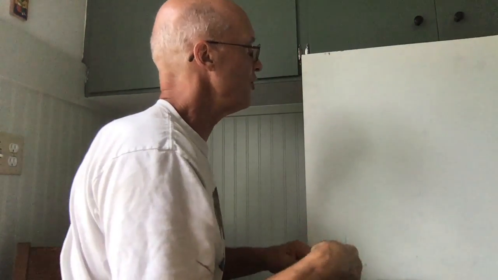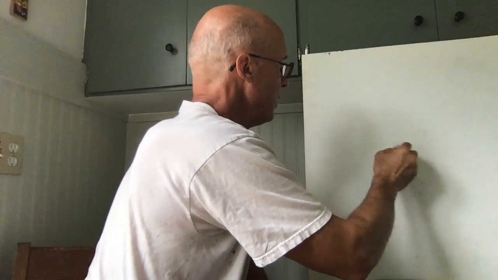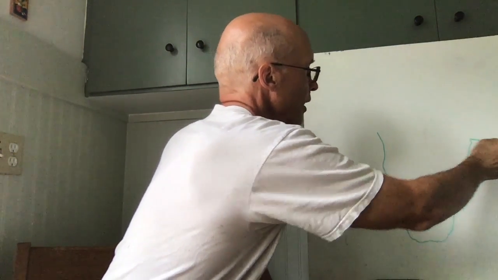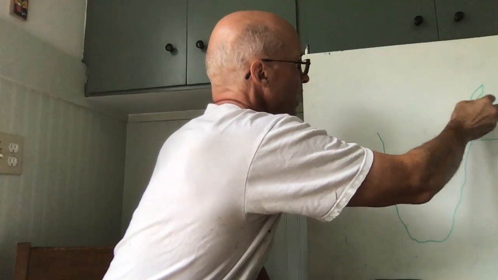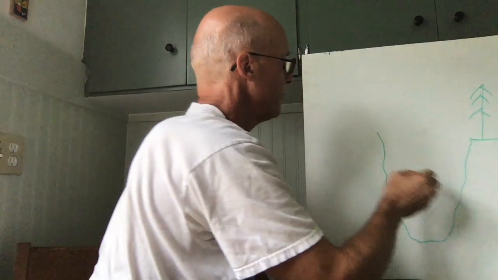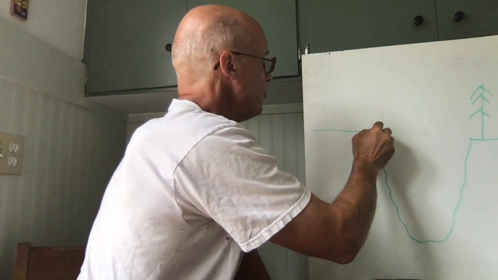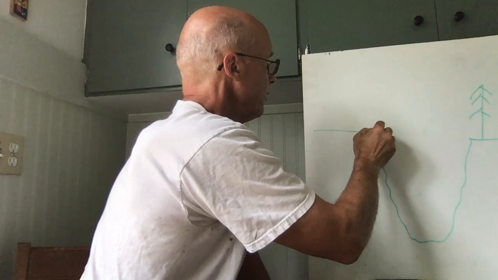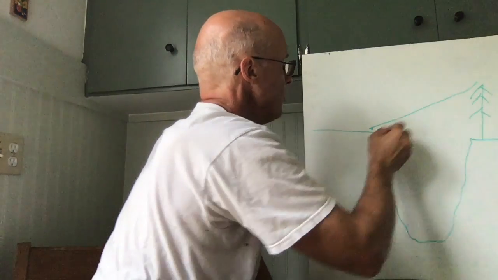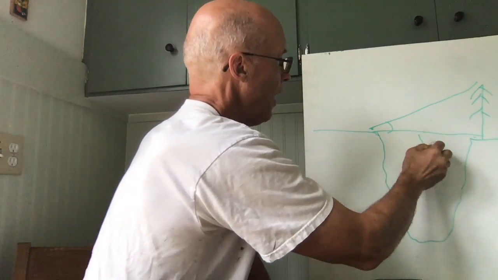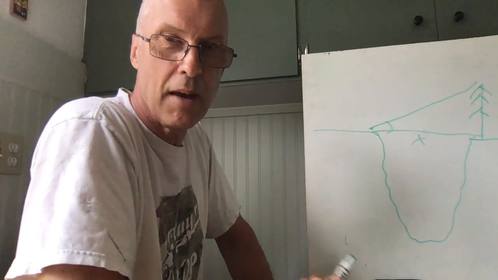Let's say there was a huge cliff, and there was a tree on the other side of that cliff. And you're over here, and you took your sighting and got a certain amount of degrees, but you didn't know this value because you can't measure it across here.